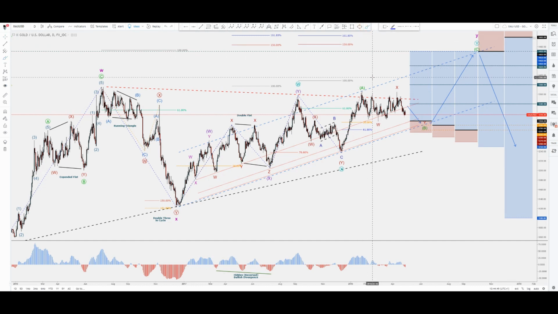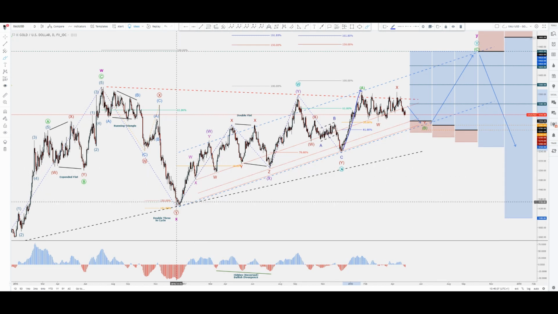Okay, but the way I'm labeling and analyzing this corrective piece right here is as an intermediate B wave, which is basically this green B right here, following the A within this complete complex structure.